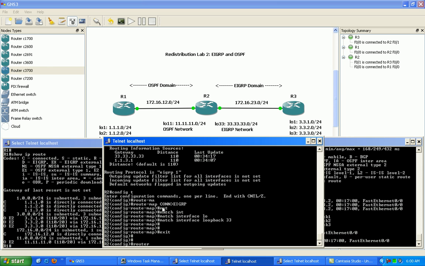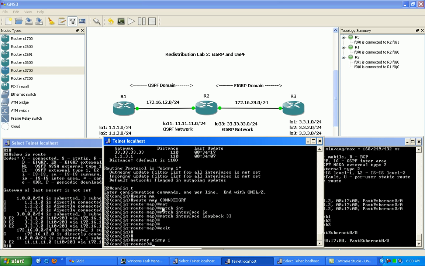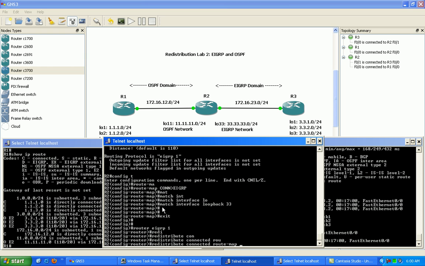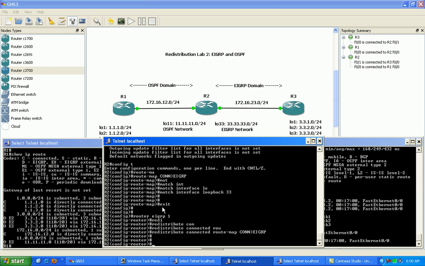And then the last thing we need to do here is go under EIGRP, autonomous system number 1, and do a redistribute connected, and then based on the route map of connected into EIGRP.